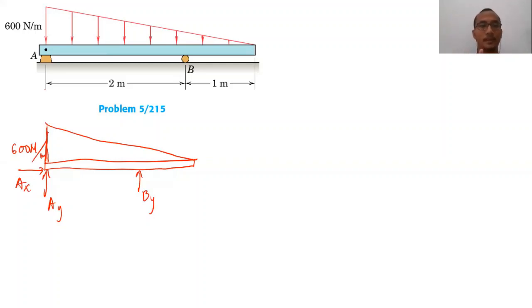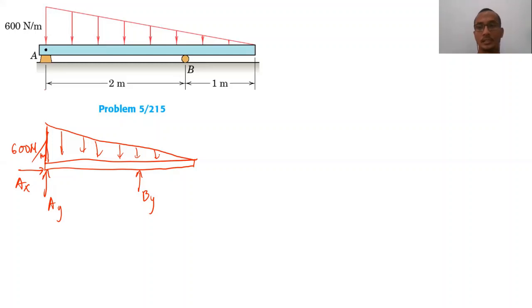As I told you before, in order to find out the external reaction force, we can represent this triangle distributed force with one concentrated force. In order to find the concentrated force, we have to know the area under the curve.